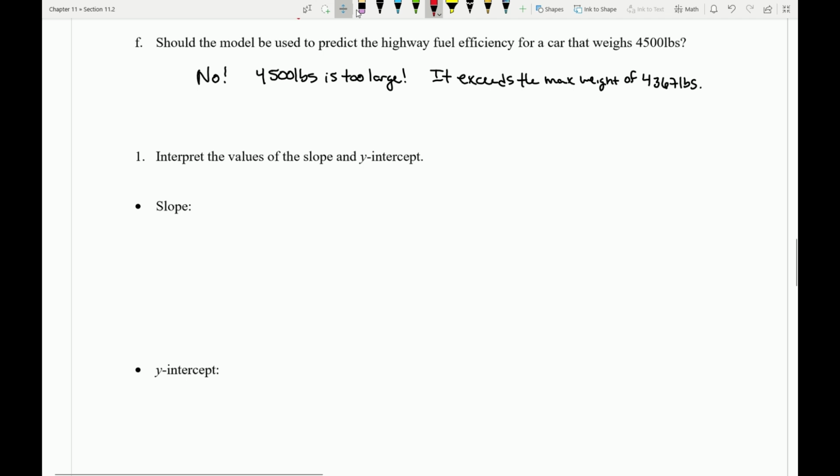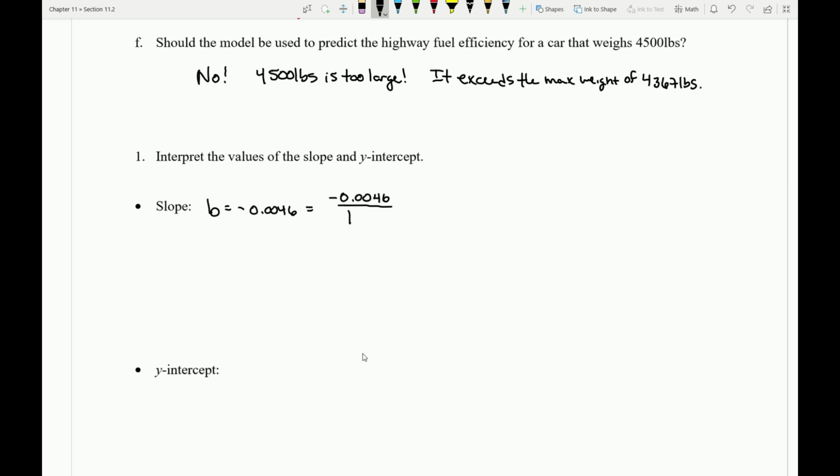So in order to be able to interpret slope, I'm going to quickly write it down in the following way. Remember that that was the value b that the calculator told me. It was negative 0.0046. To make this interpretation easier, I'm always going to take this value and turn it into a fraction by dividing it by 1.